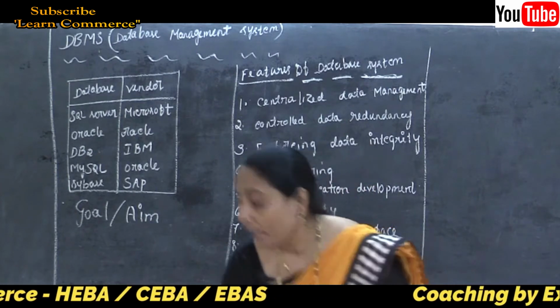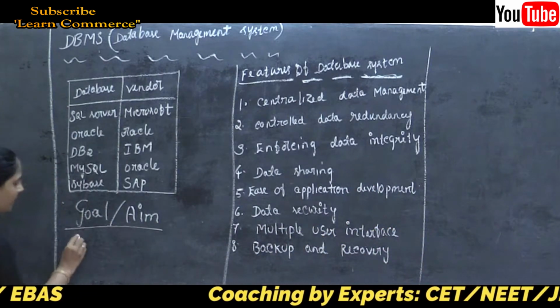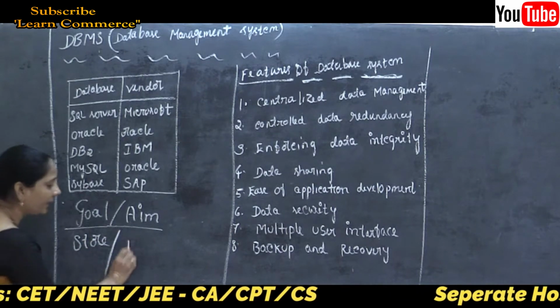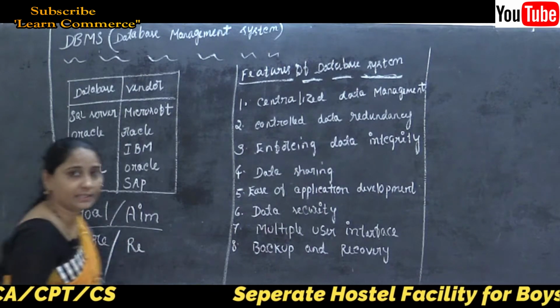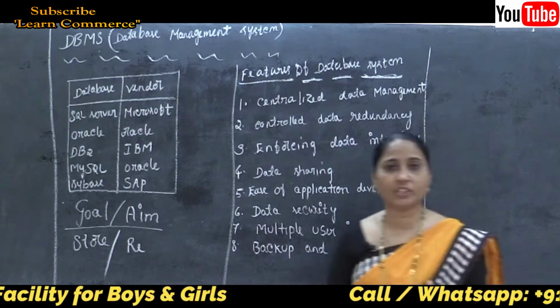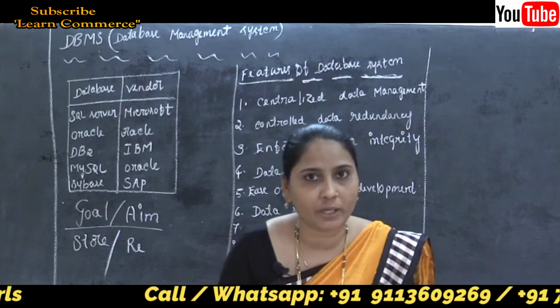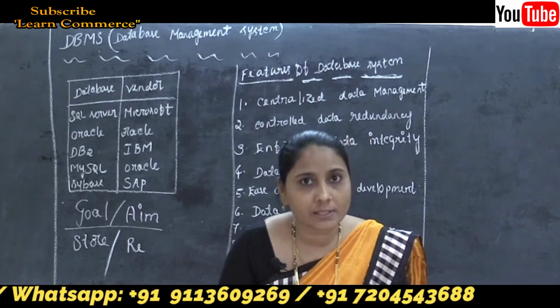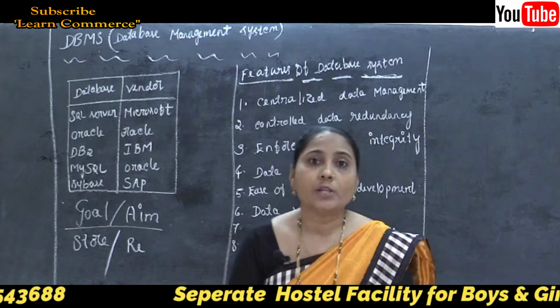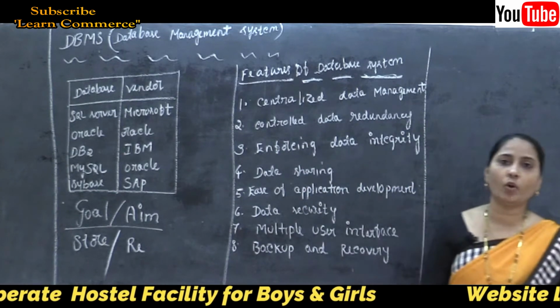Not only storing information is the primary goal of the database, but also retrieving the information. Clear this point? Now what do we mean by retrieving information? Retrieving means we are going to access and consume the data of the database. So all of these are primary goals of the database.